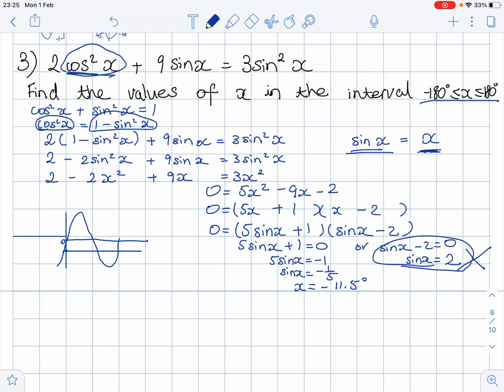So let's just sketch our graph a little bit further. So we're interested in the interval minus 180 to 180.